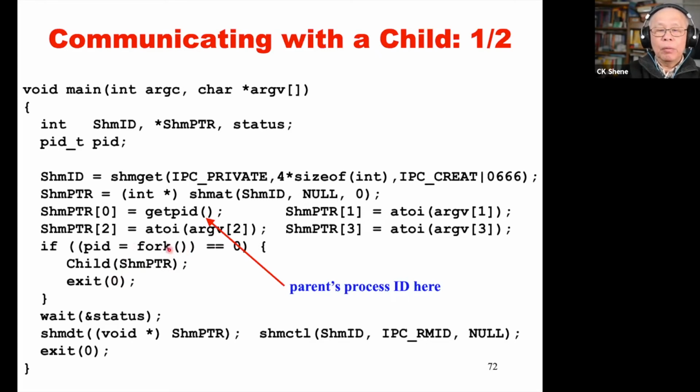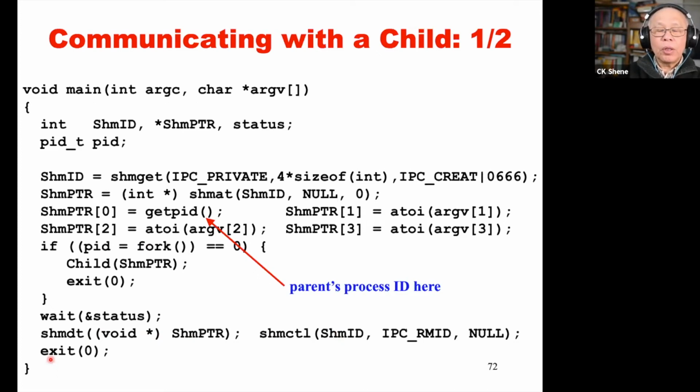Now, if the return value of fork is not 0, remember to check whether the return value is negative. So assume that the fork is successful, then PID would be the process ID of the created child process. Then this main program or the parent process waits for the completion of the child. When the child completes, the parent process detaches and removes it, and finally this program exits.